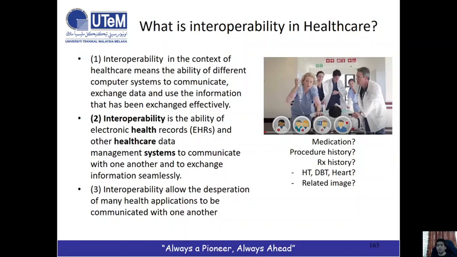So we need to think of a long-term plan. So I think the most important thing that our country or other countries should have in healthcare is a centralized electronic health record, or lifetime health record of the patient. So this is very important.